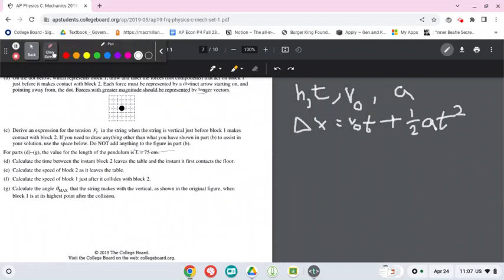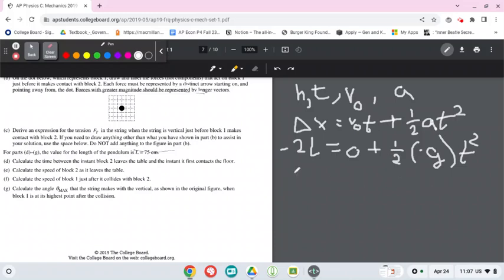So we can just say negative 2L, and the vertical component of velocity is 0, so it's 0 plus 1/2, and a is going to be negative g, because it's pointing in the downwards direction, and then t squared. And they give us that L is equal to 0.75.